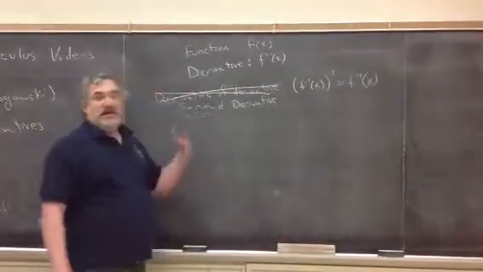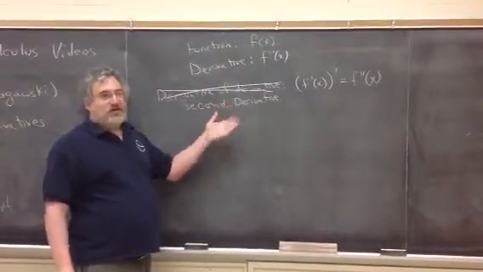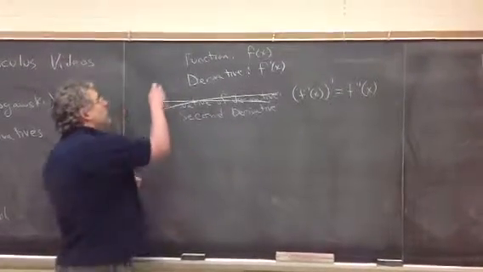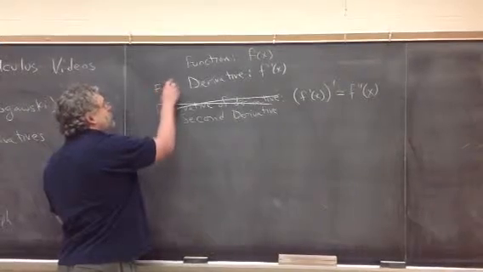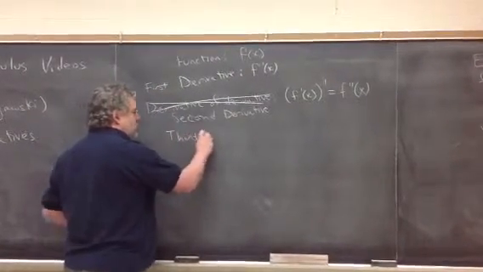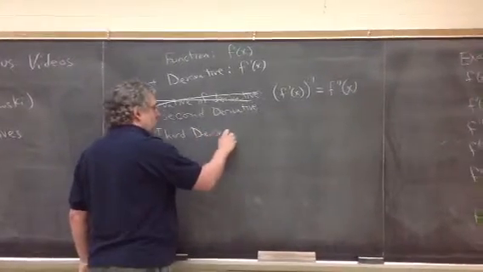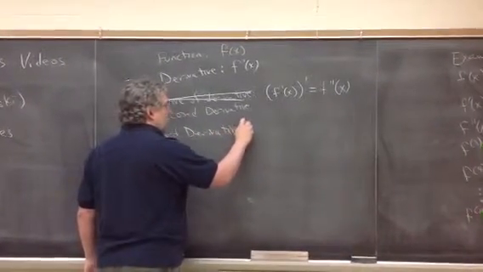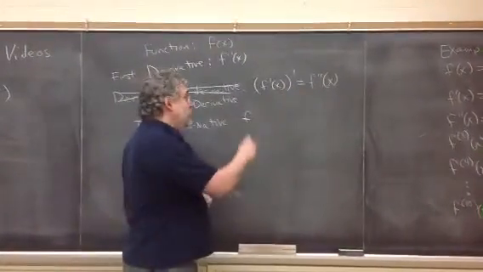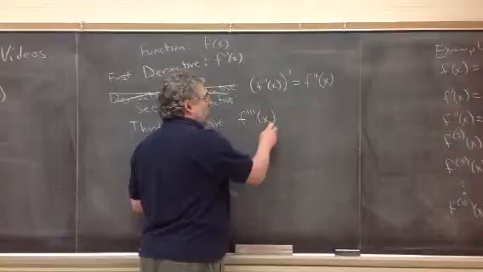And you might guess that if we talk about second derivatives, instead of derivative, we'll talk about the first derivative. We can also talk about the third derivative. And I'll bet you can guess what the notation would be. It would be the same thing, but with 3 primes. We call it triple prime.